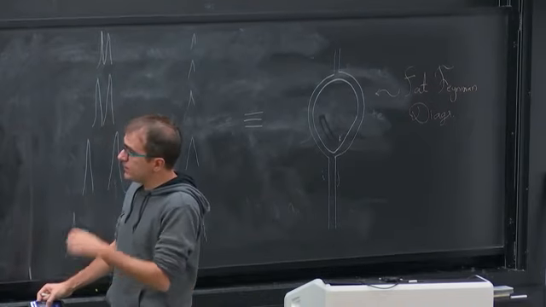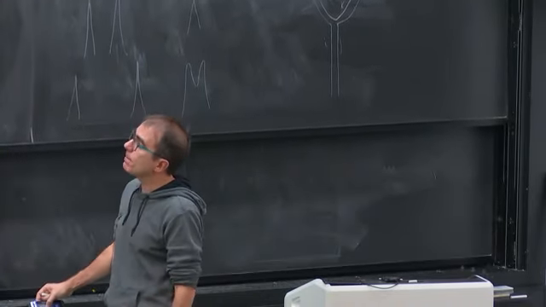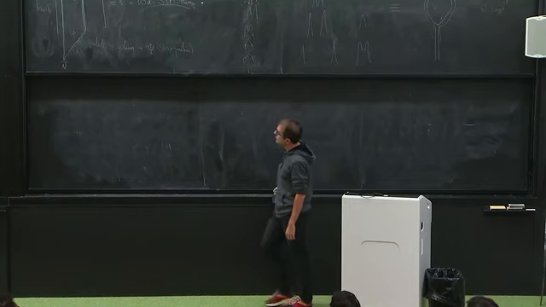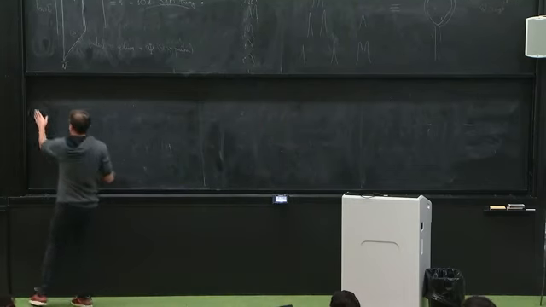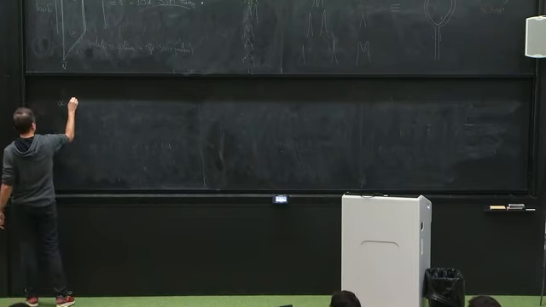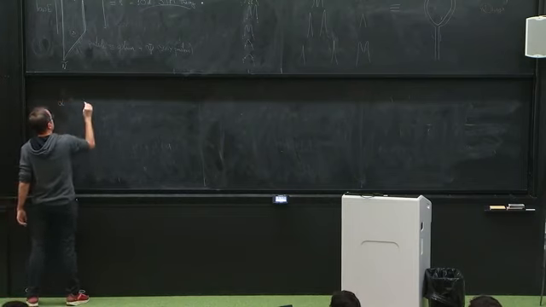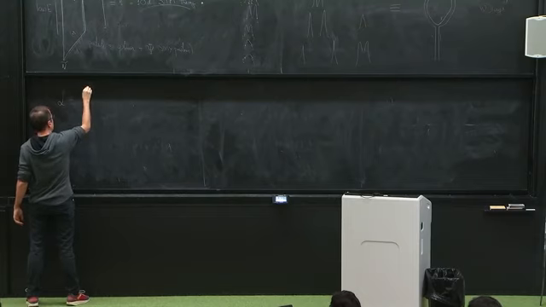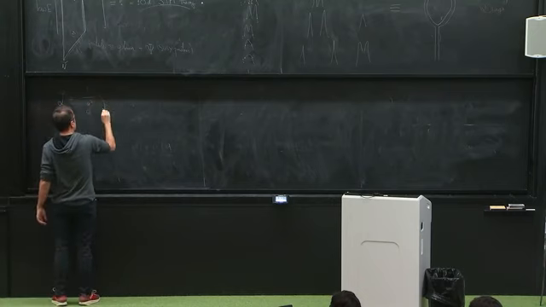So what is this theory then? The Lagrangian for this theory is, well, there is the usual 1 over g squared integral. We are in 10 dimensions, so d 10 x.